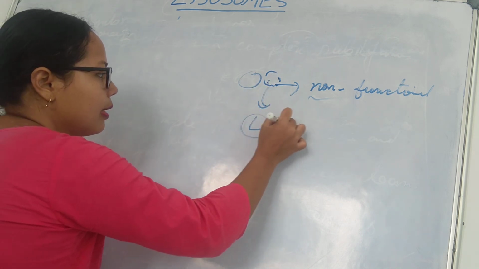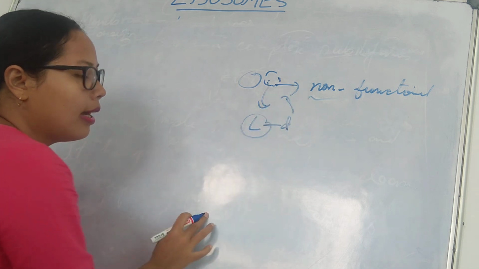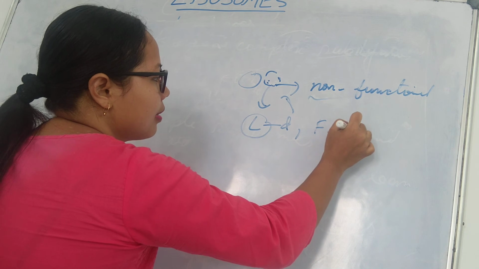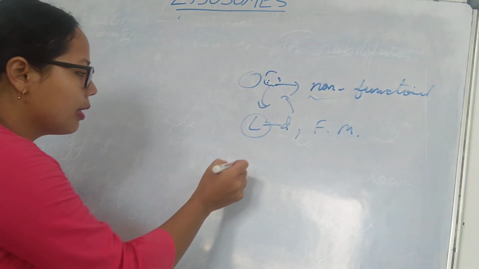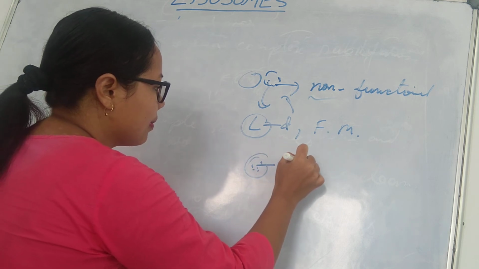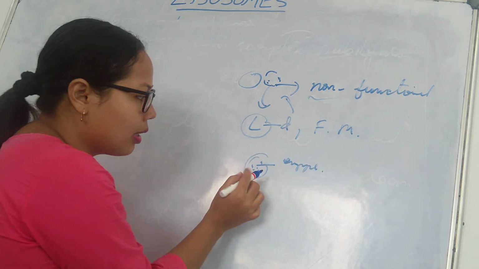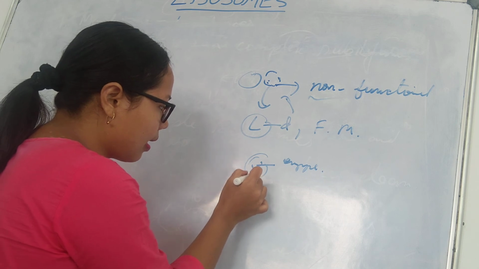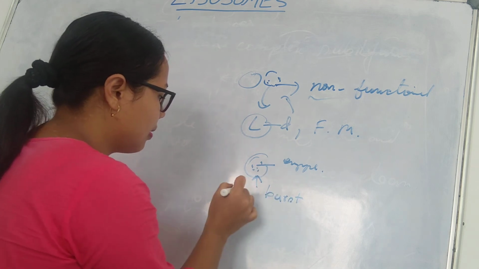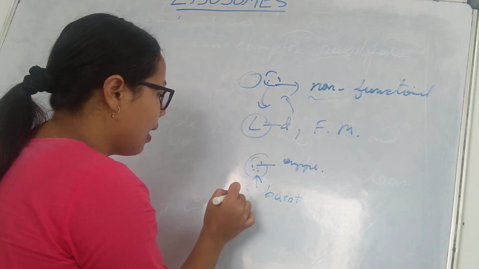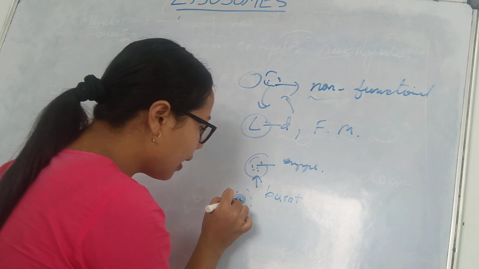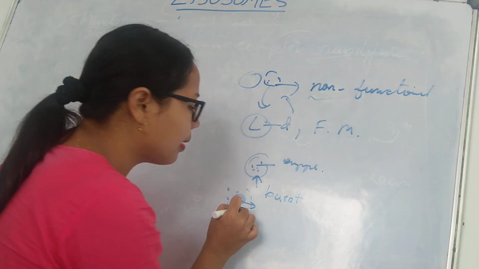The lysosome will digest this, and it also digests foreign material, through enzymes. After digestion, the lysosome may burst. And what is lying there? Enzymes. Now the enzymes will digest the lysosome itself.